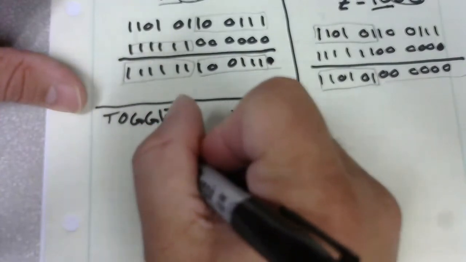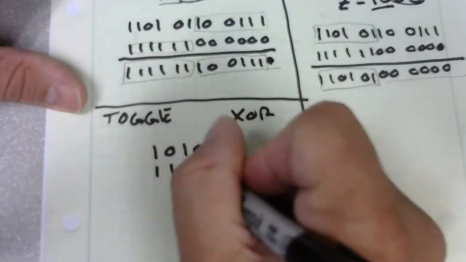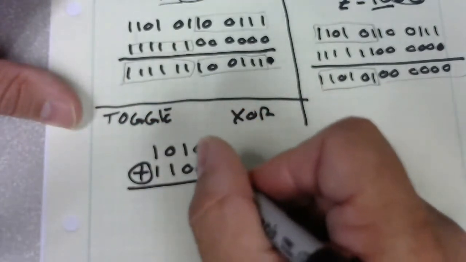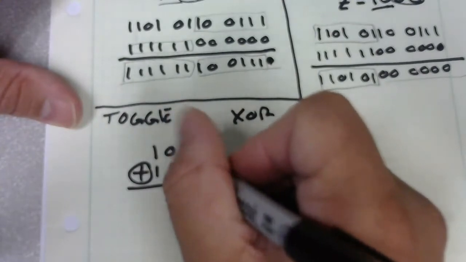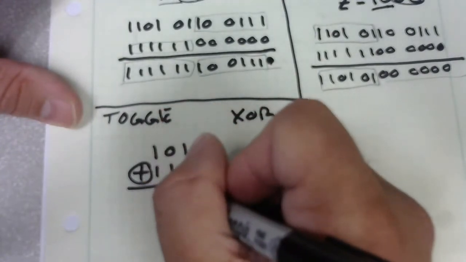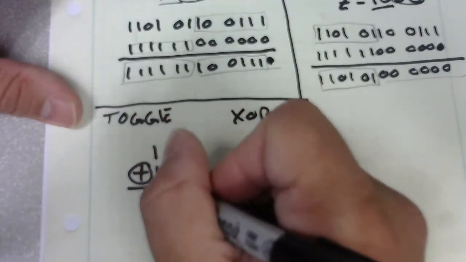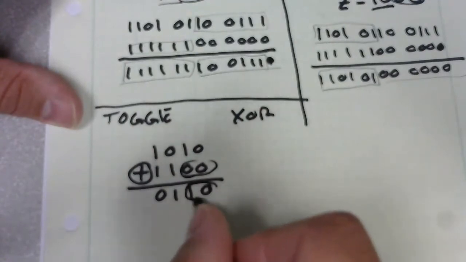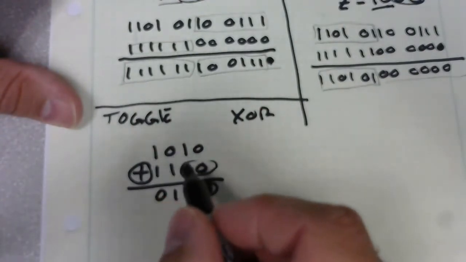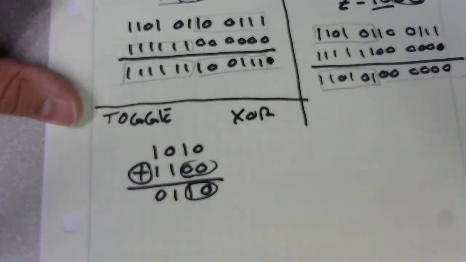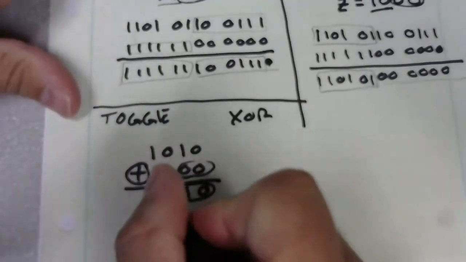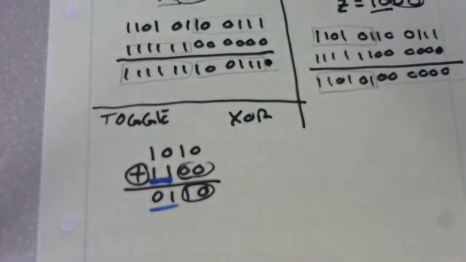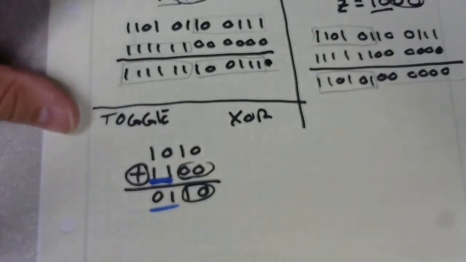And if we look at the XOR, 1 0 1 0 and 1 1 0 0, and we're exclusively ORing those things together, well, let's see, 0, 0, 0, 1, 1, 0, so that's a 1, and 1 1, that's a 0. So the zeros in this instance are again passing through like the OR was, but the ones, they're actually changing it. It was 1 0, now it's 0 1. So that's exclusive OR actually toggles.